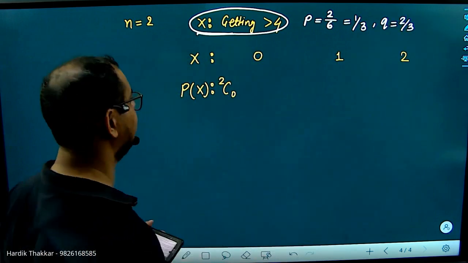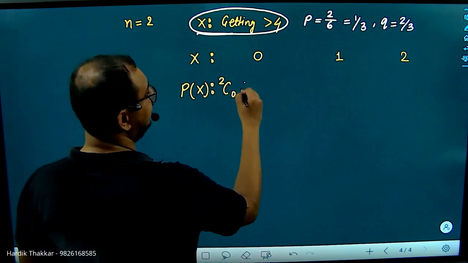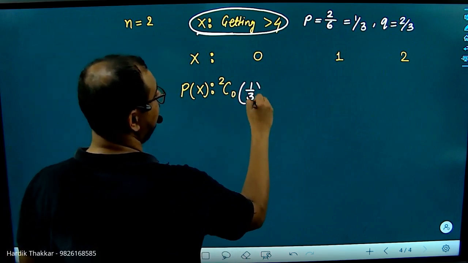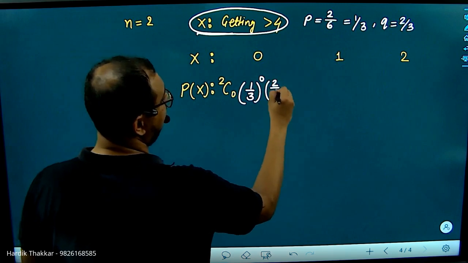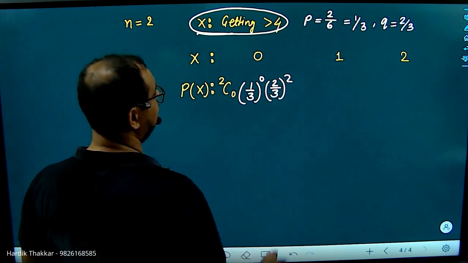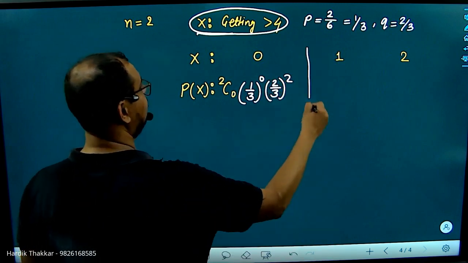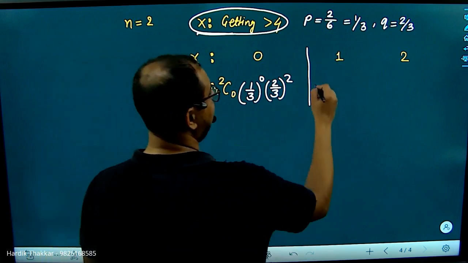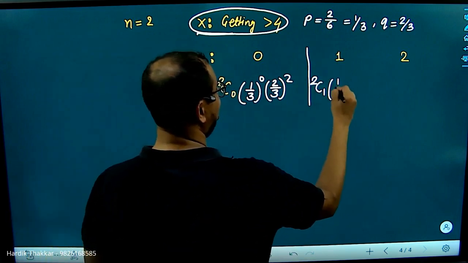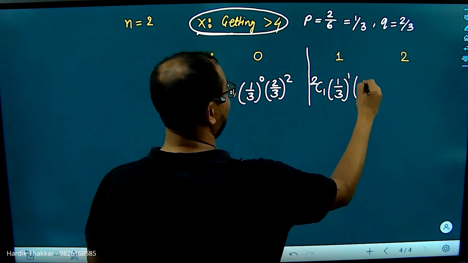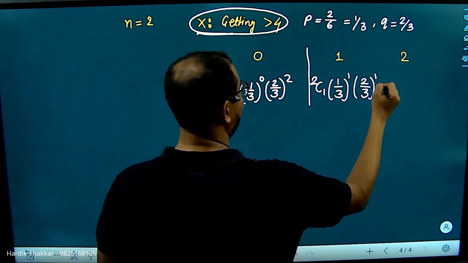Okay. So here 2C0 p raised to power 0, p is 1 upon 3, q is 2 by 3 raised to power 2. Further, for one success, it will be 2C1 (1 upon 3) raised to power 1, (2 by 3) raised to power 1.